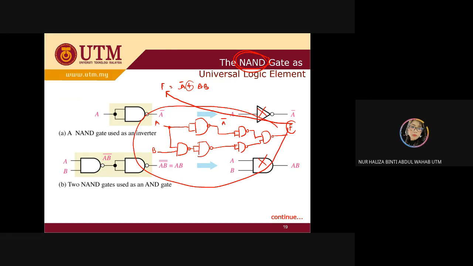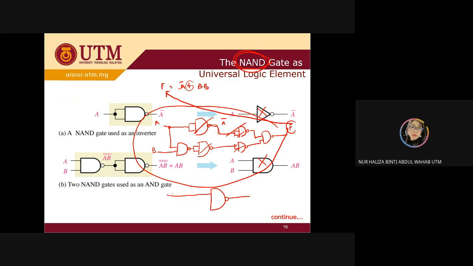But later on, you're going to learn about simplification. This and this, you can see it's joined together. You're going to remove this and this. You're going to join this together. You're going to remove. That's why you will get the final answer. It will be your simplified circuit, it will be like this.